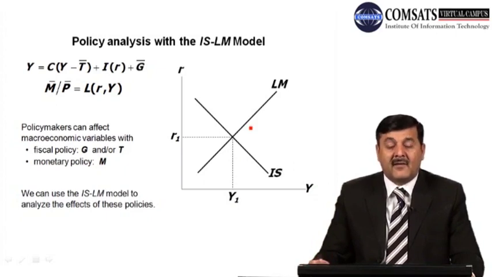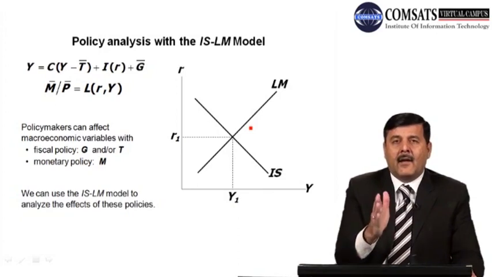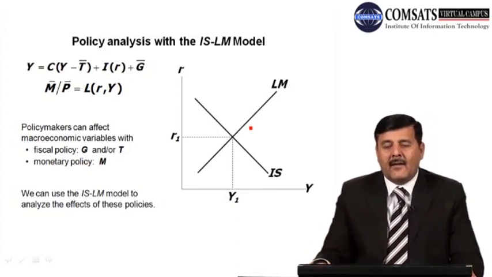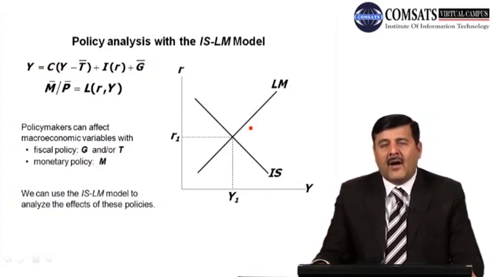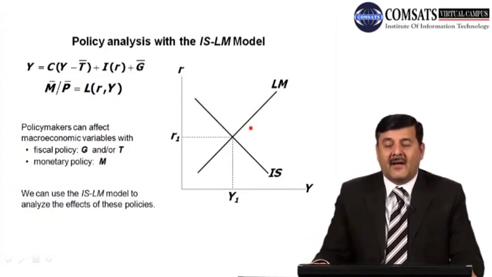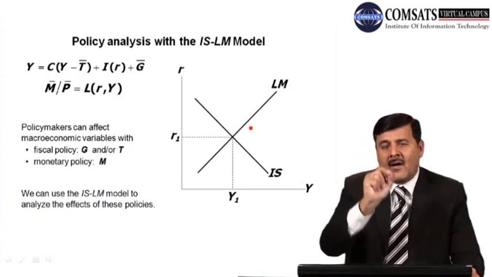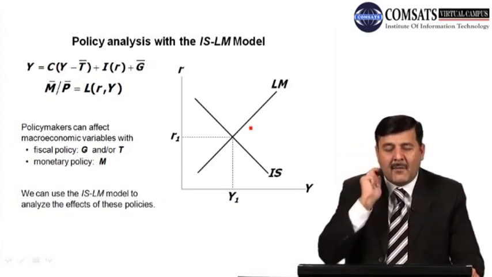In the diagram, which is the IS-LM model, the IS curve is negatively sloped and the LM curve is positively sloped. Both curves intersect at a point which determines a unique combination of r and Y that satisfies equilibrium in both markets.